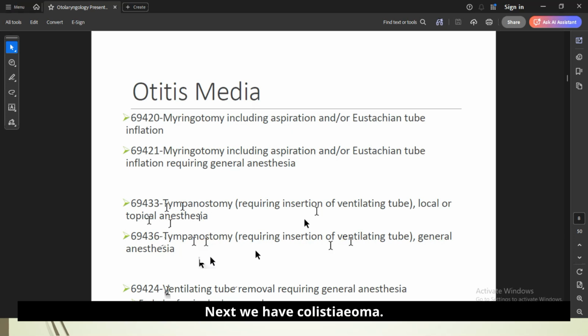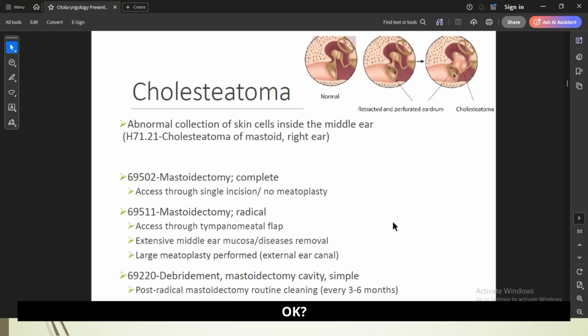Okay. Next we have cholesteatoma. Basically, this is a non-cancerous skin growth or cyst, most of the time developed in the middle ear. So this is the normal ear. This is the perforated eardrum. Perforation means a hole.